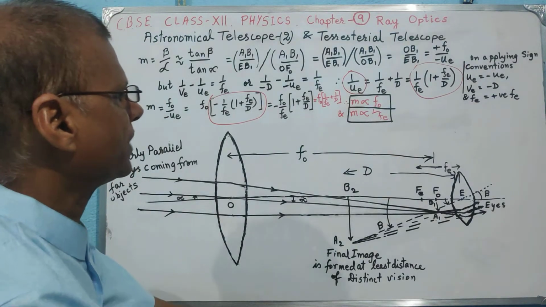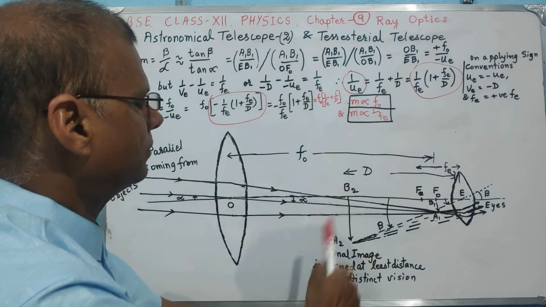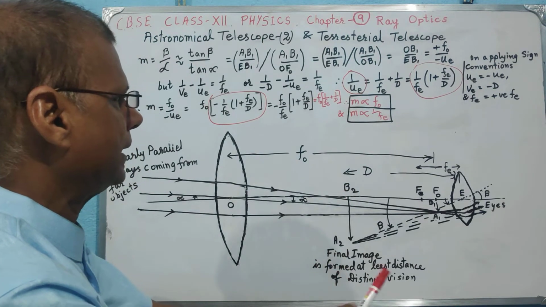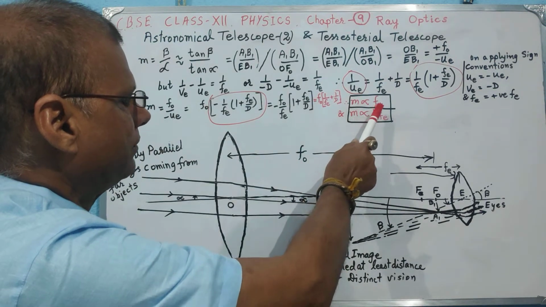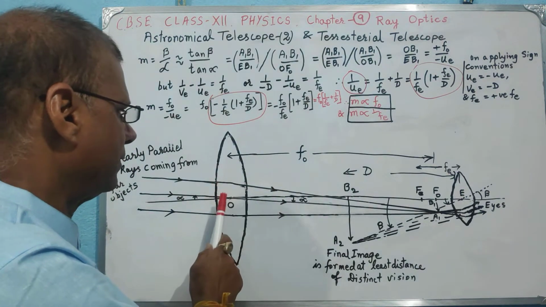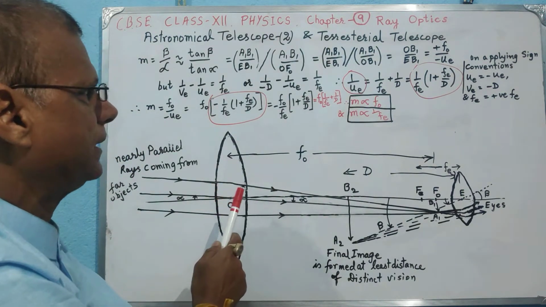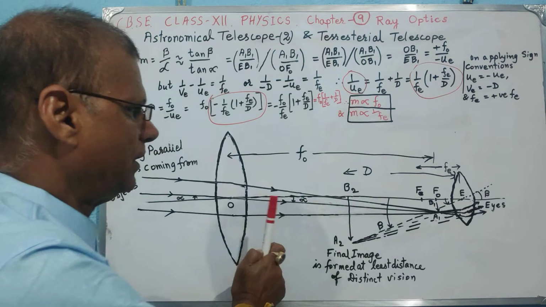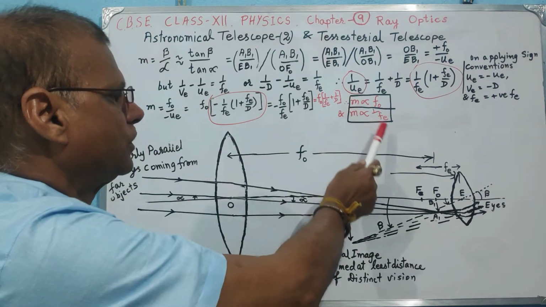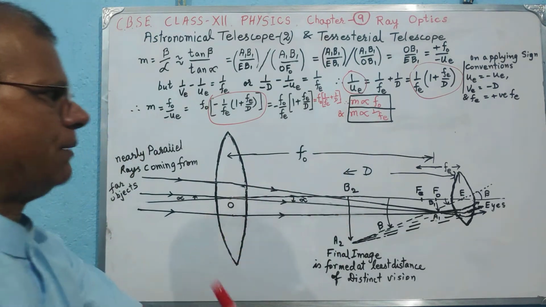So we now have a clear picture that magnification will be higher if we have a greater focal length of the objective, and magnification will be higher if we have a smaller focal length of the eyepiece.